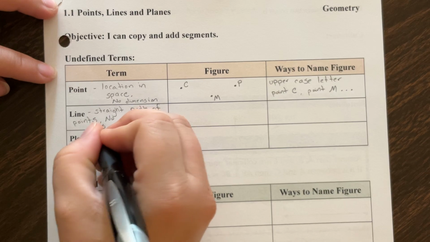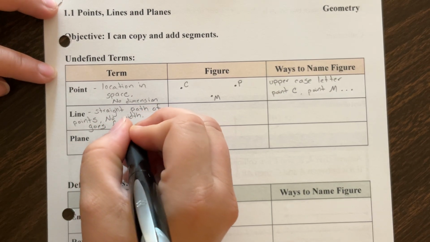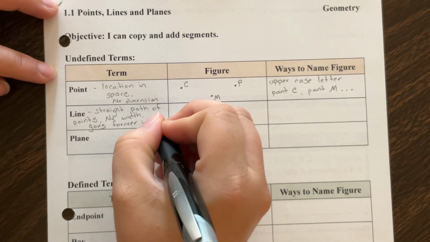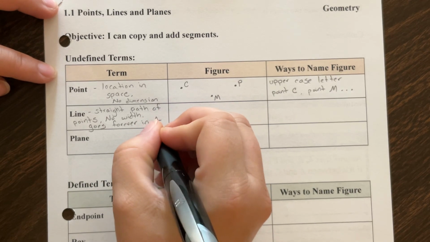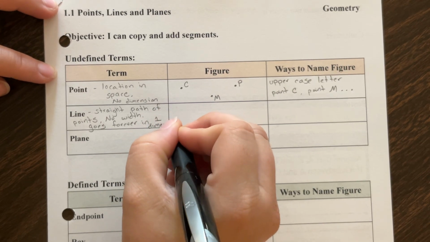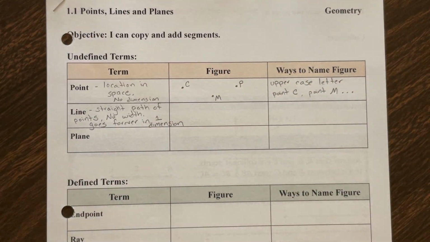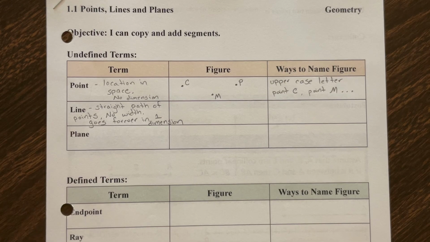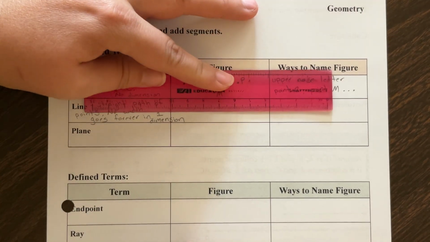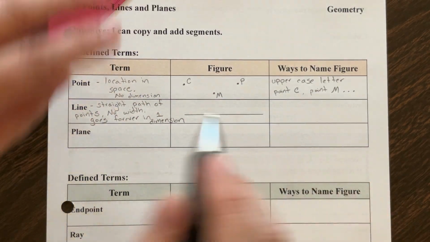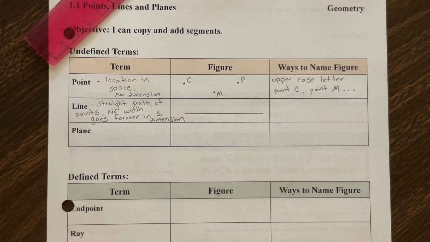It goes forever in one dimension. So this is where our straight edge comes in handy. I'm sorry for all the auto zooms. Whenever you're drawing a line, you want to use a ruler. So there is my line.